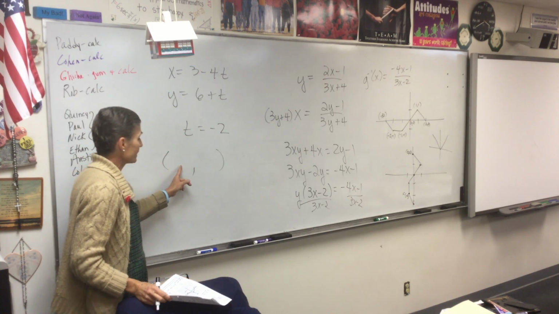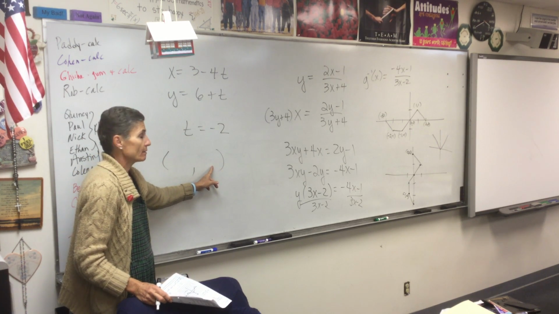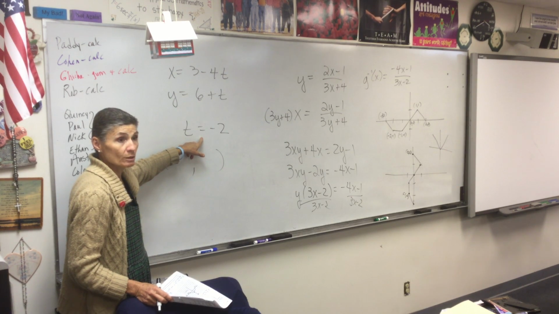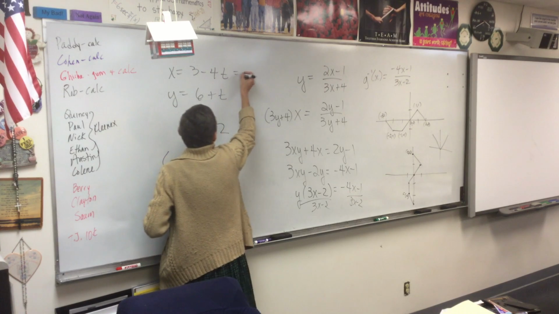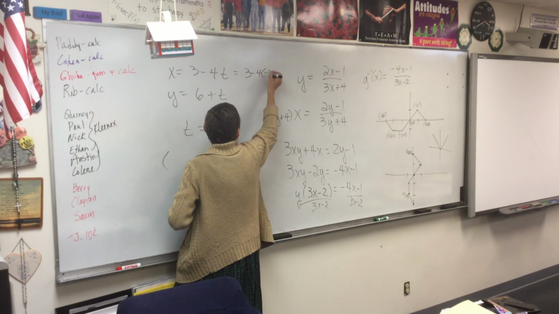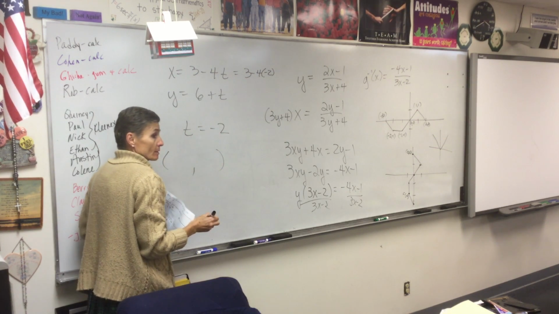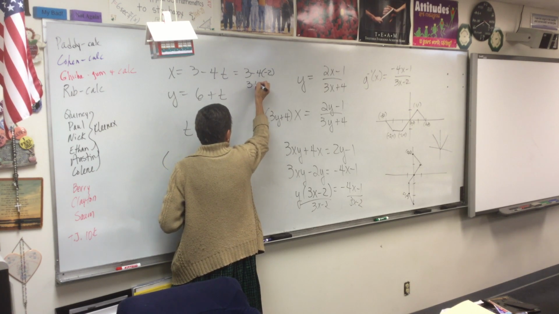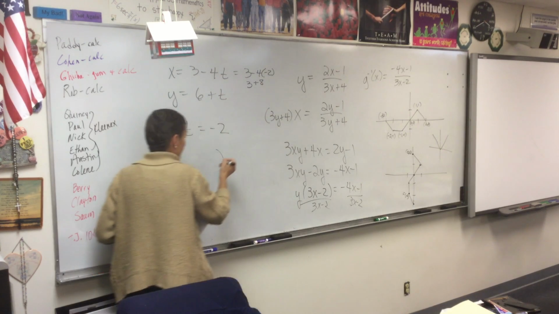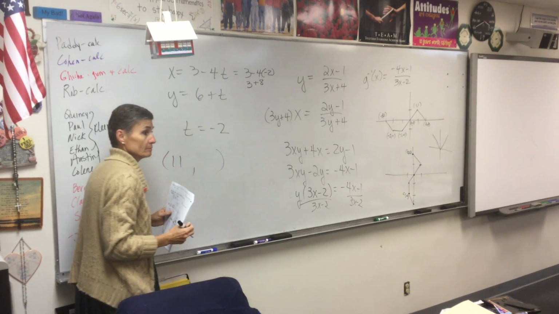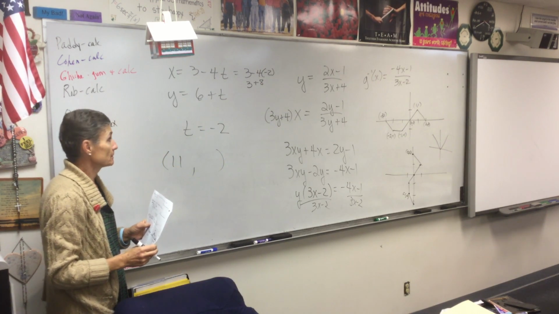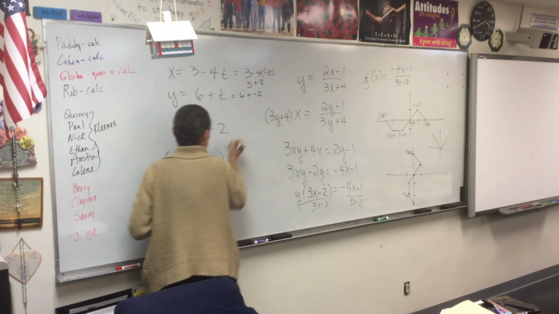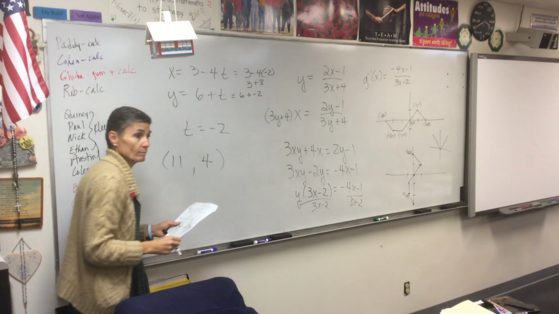So that means find x and y. Well, what are we going to do? Plug -2 in. So we're going to have x is going to be 3 minus 4 times -2. What's that equal? 3 plus 8, so that would be 11. And then 6 plus -2 would be 4.